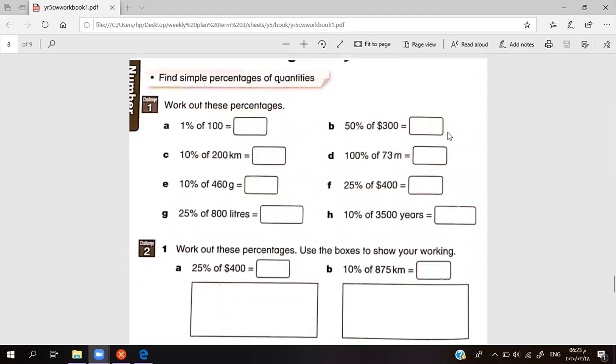Now turn the page please to page 54 so that we finish the percent. Here, he's asking you to find 1% of 100. Okay? Please, 1 second.